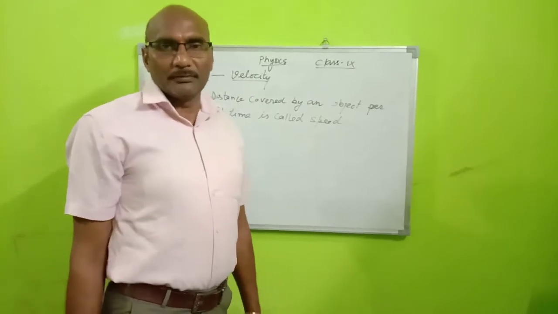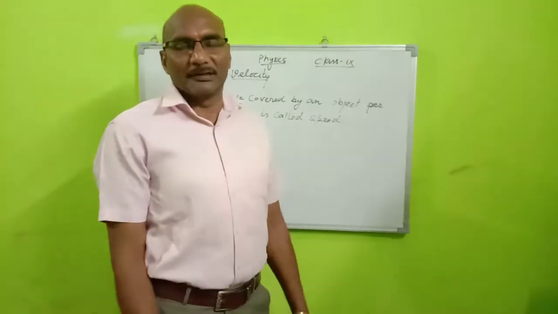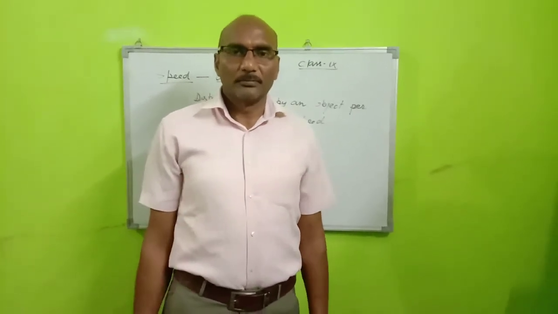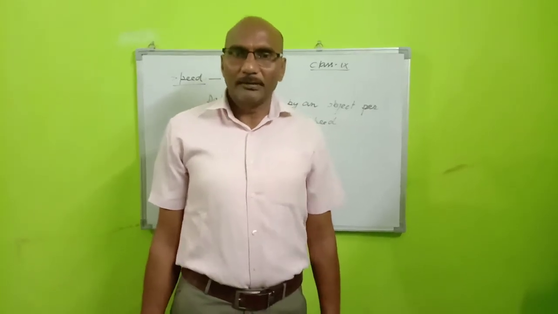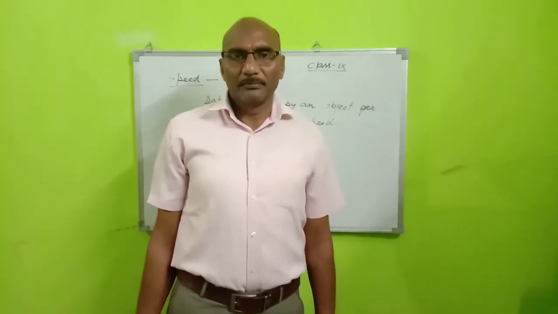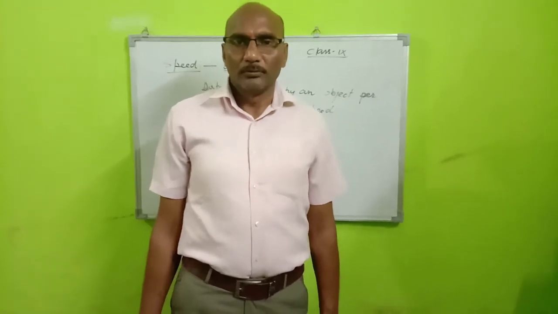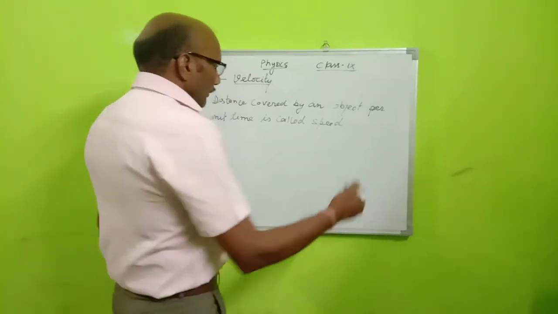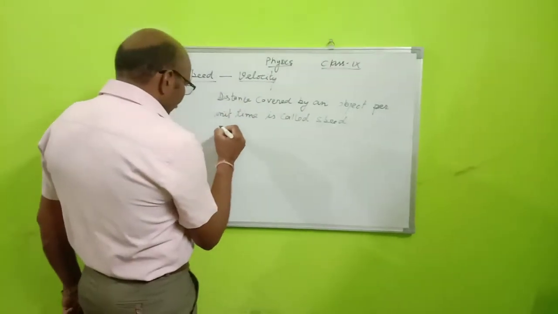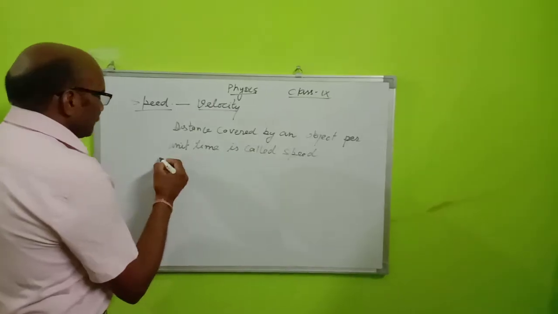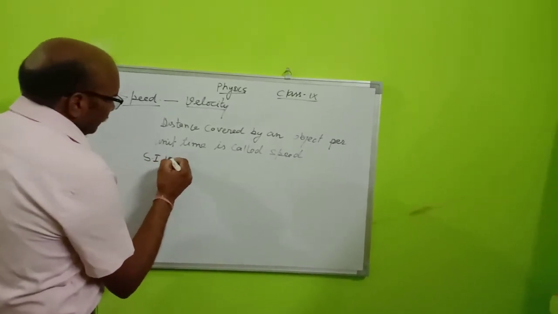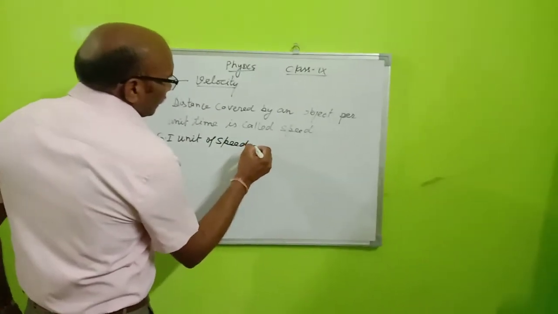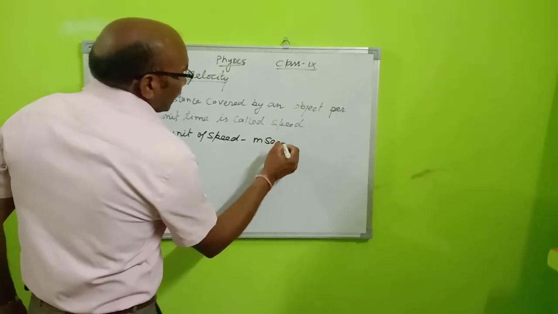Suppose one object is covering a distance of 10 meters in 5 seconds. So in 1 second, the distance covered will be 10 upon 5, equal to 2. So the magnitude of the speed will be 2, and the SI unit of speed is meter second minus 1.